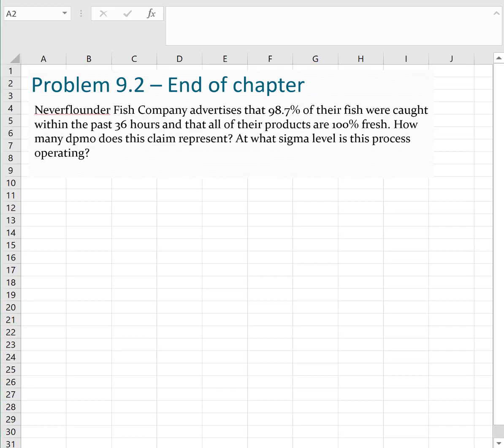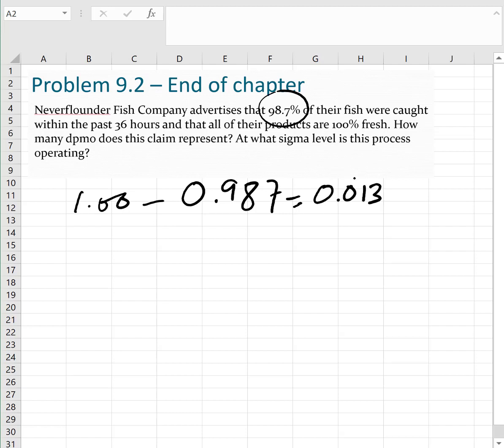So if they are saying that 98.7% of the fish is fresh, then 1 minus 0.987, or 0.013, is the defect or the not fresh.